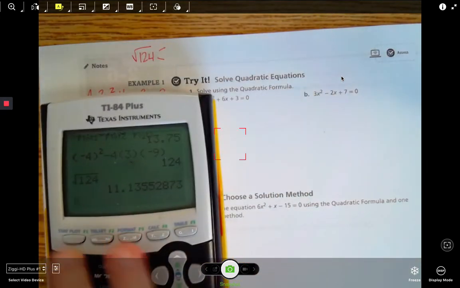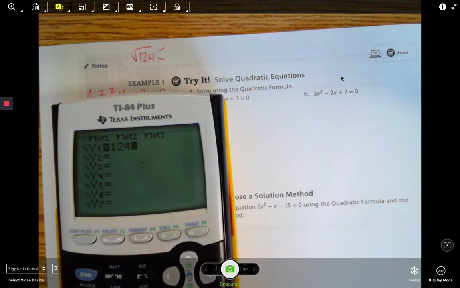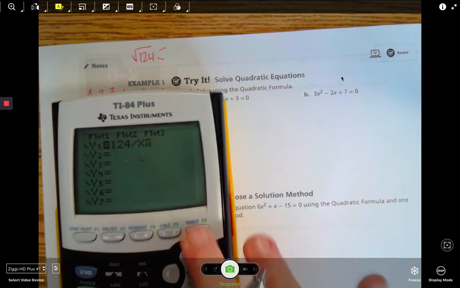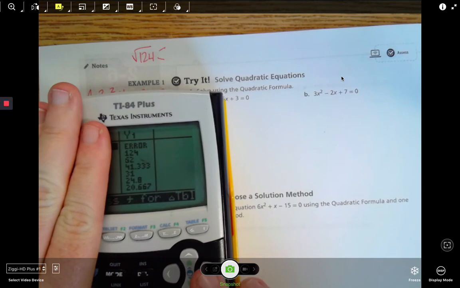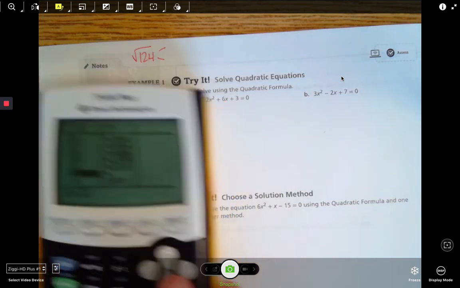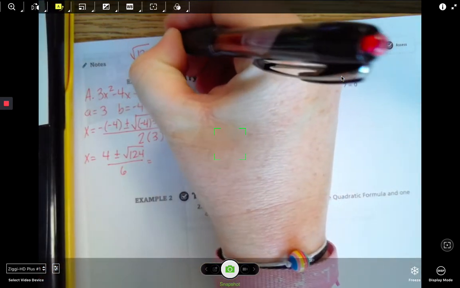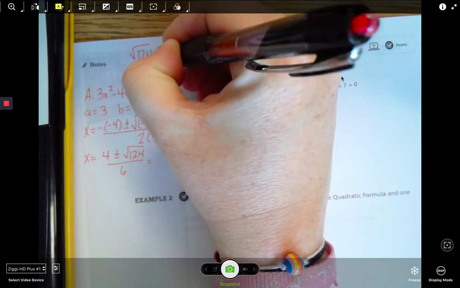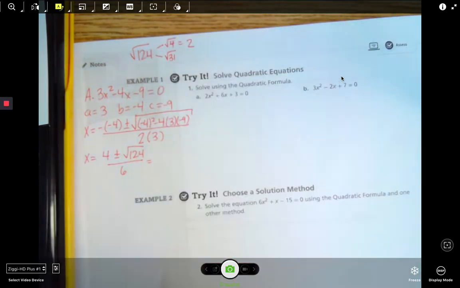I'm going to just go to y equals 124 divided by x, and I'm going to look, remember, over here for your largest perfect square. And there's my largest perfect square, 4. 4 times 31 is 124. So I've got the square root of 4 times the square root of 31. Square root of 4 simplifies to 2.